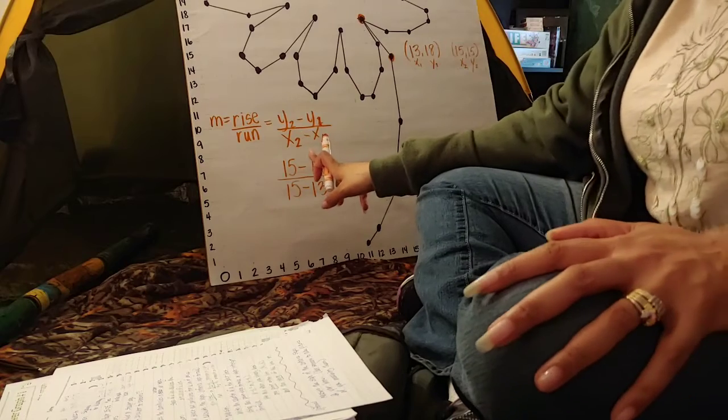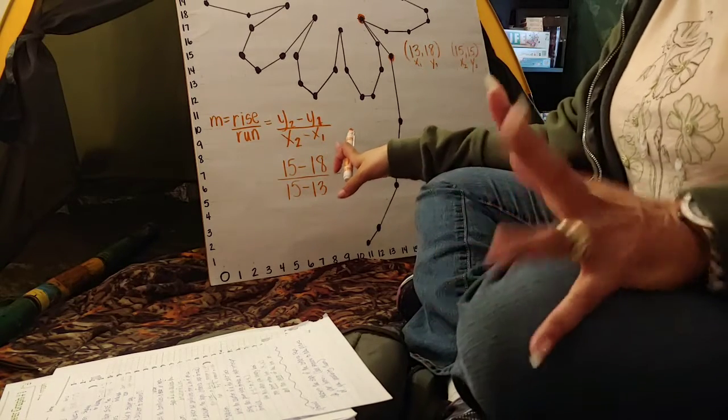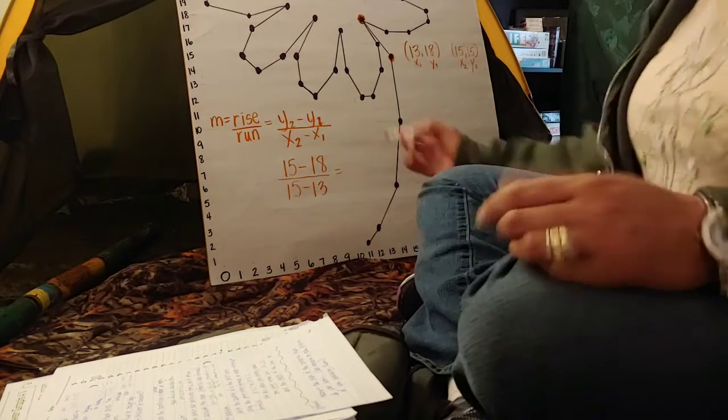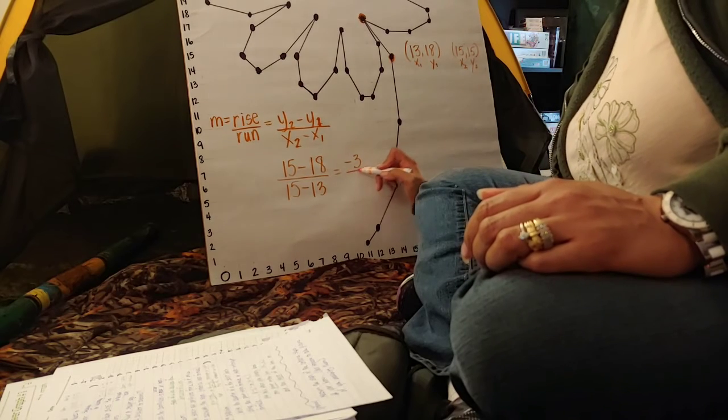So when you have 15 minus 18, are you going to end up with a positive number or a negative number? It's going to be a negative number.